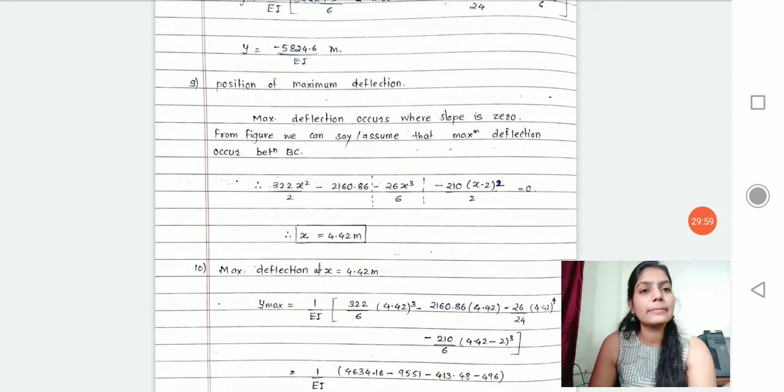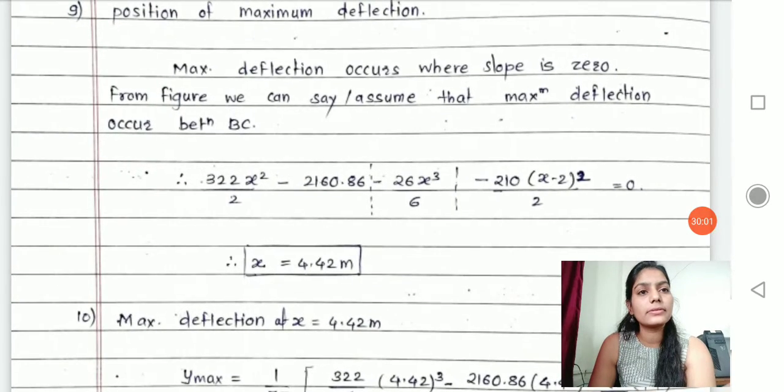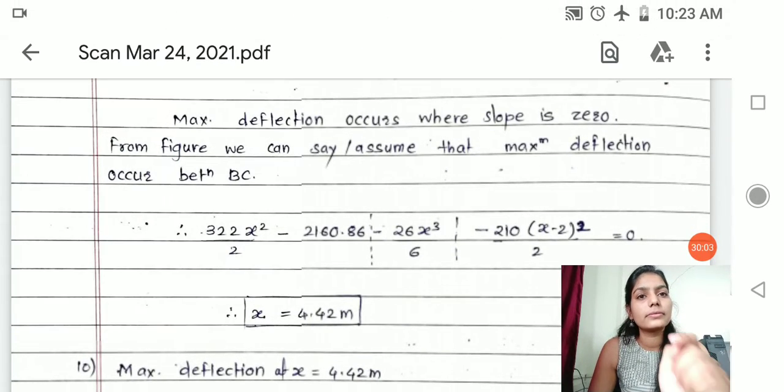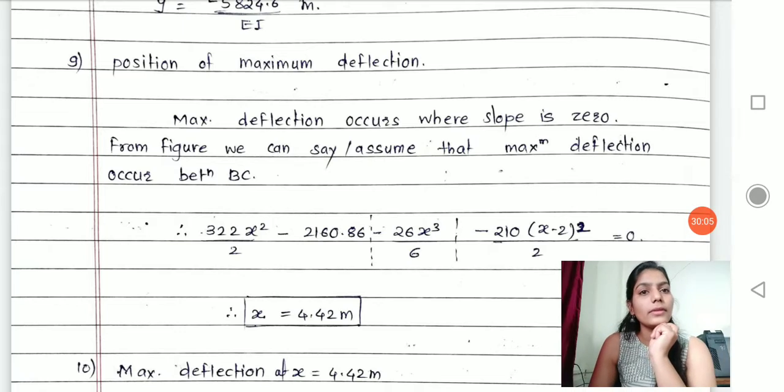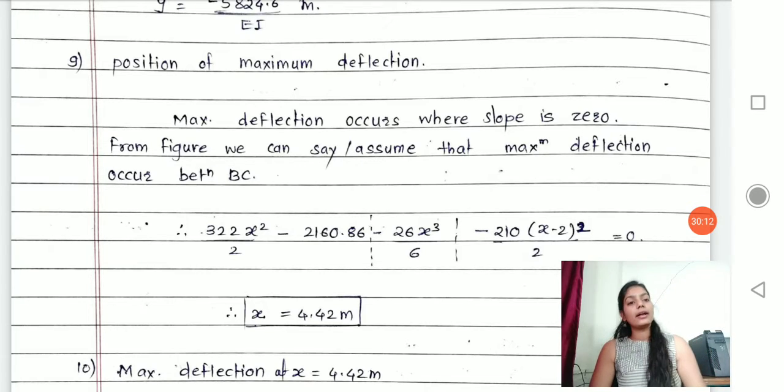Now, the position of maximum deflection. How to calculate maximum deflection? By looking at the beam you can understand where this beam will show maximum deflection.